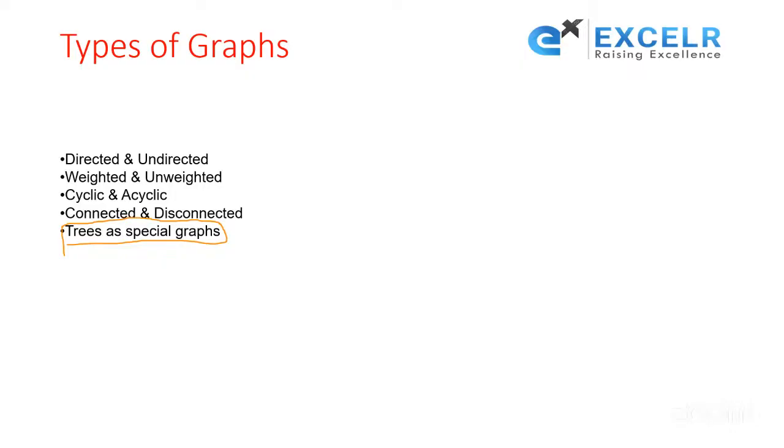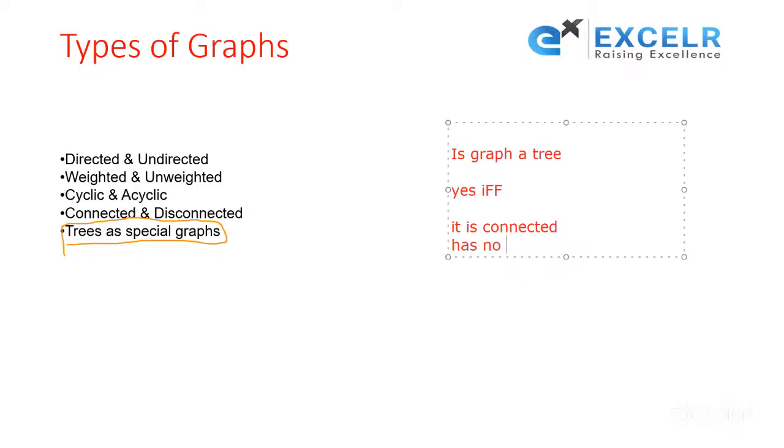For example, let me write. I have told you like this. Is a graph a tree? I can say yes if and only if, number one, it is connected; number two, it has no cycles; and what is number three?